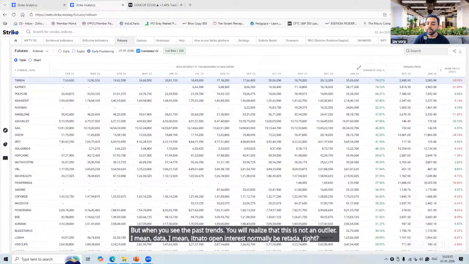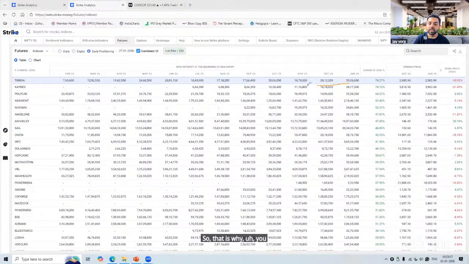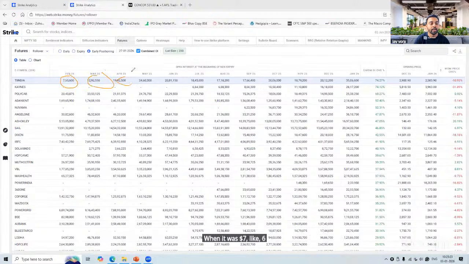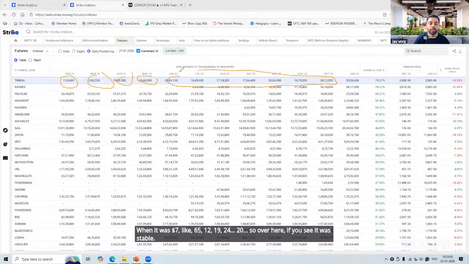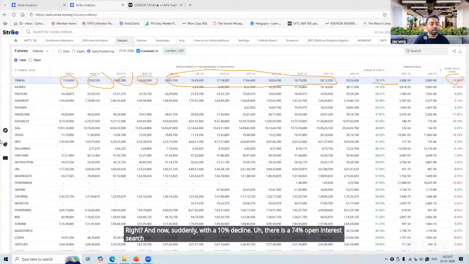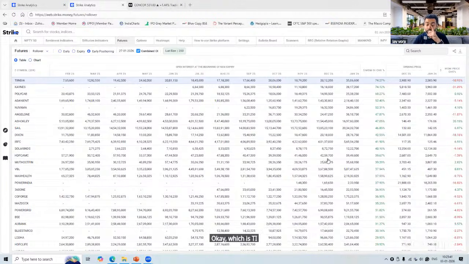So that is why we have given a trend. When you see this kind of trend, where it was 7 lakh 65, 12, 19, 24, 20, it was stable, right? And now suddenly with a 10% decline, there is a 74% open interest surge. That means a lot of people have shorted this stock, which is TI India. So that is why we have given this.